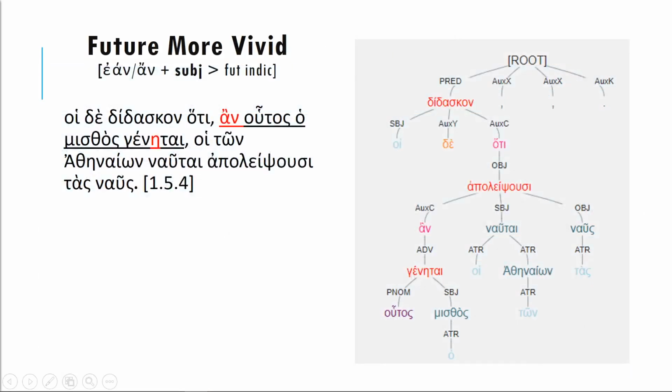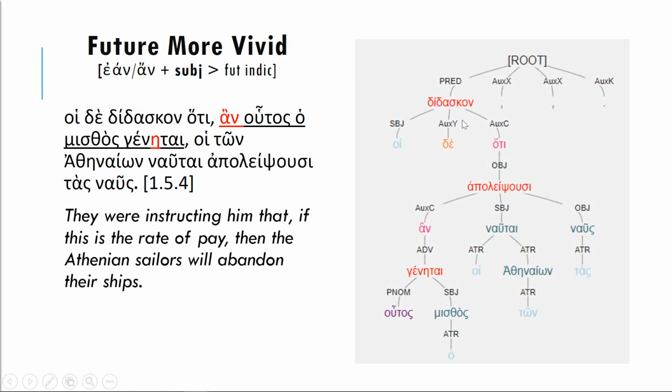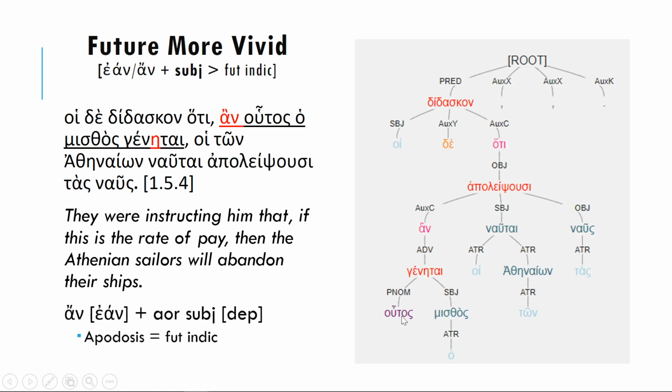So a future more vivid: they were teaching someone that this hoti clause is acting substantively as the object of what they're teaching him, that the sailors of the Athenians will abandon their ships, future indicative, if, and here's a case where an stands for ean, and you label it as an auxi, the pay becomes greater.